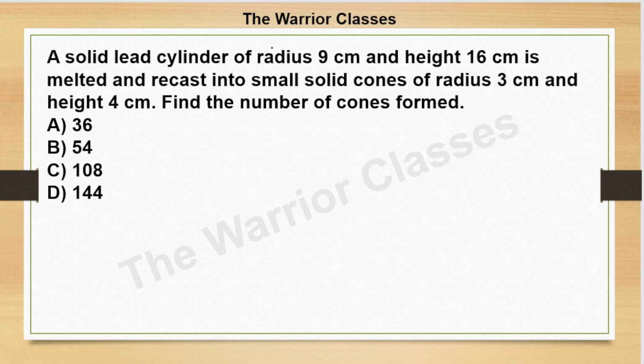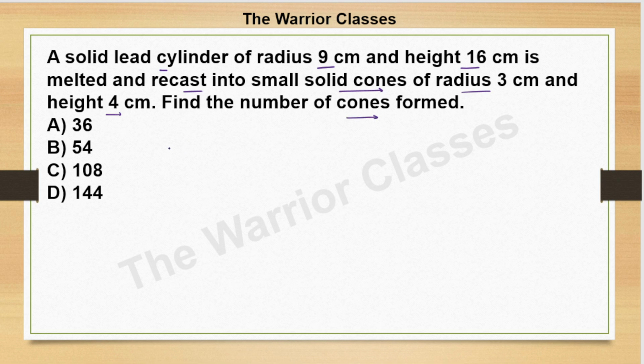And the next question is a question of mensuration. The question is, a solid lead cylinder of radius 9 cm and height 16 cm is melted and recast into small solid cones of radius 3 cm and height 4 cm. Find the number of cones formed.